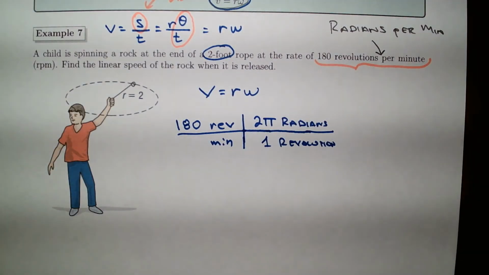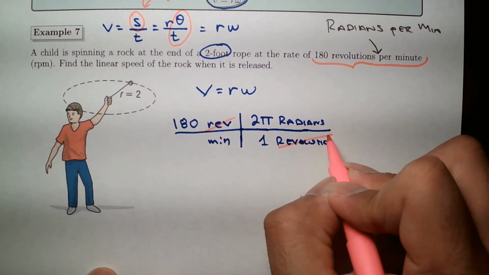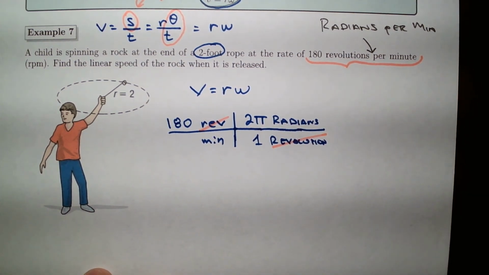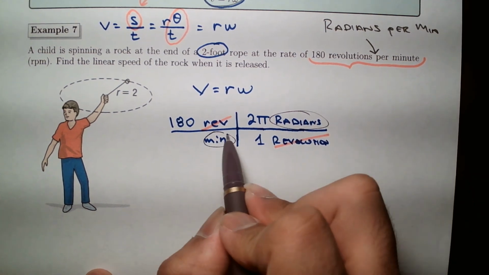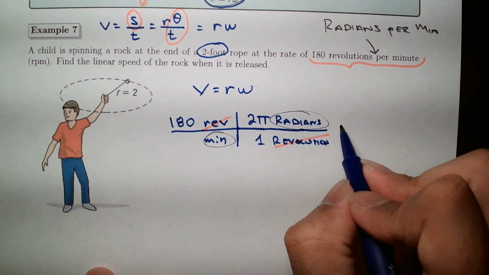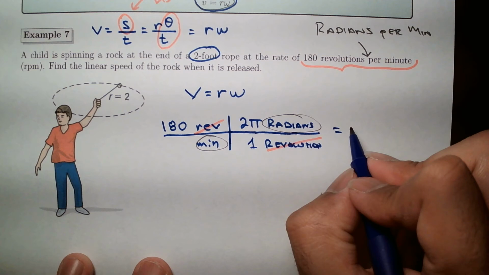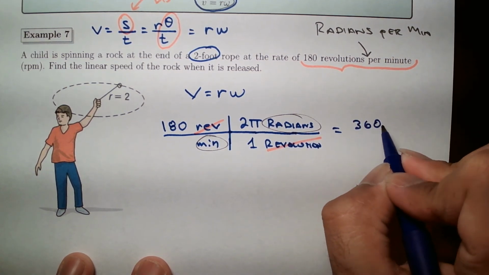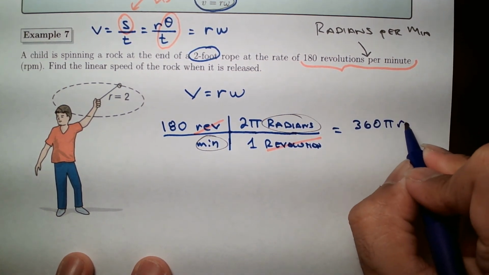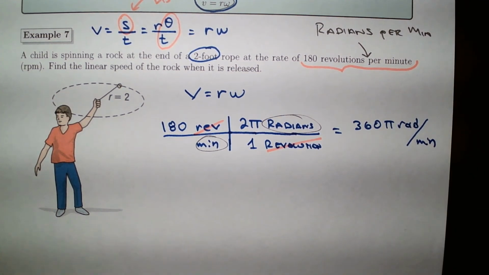And that's how we are going to convert these units. So let's cancel out the revolutions, and we obtain radians per minute, which is what we wanted to use in this formula before plugging in anything. So 180 times 2 is 360 pi radians per minute.